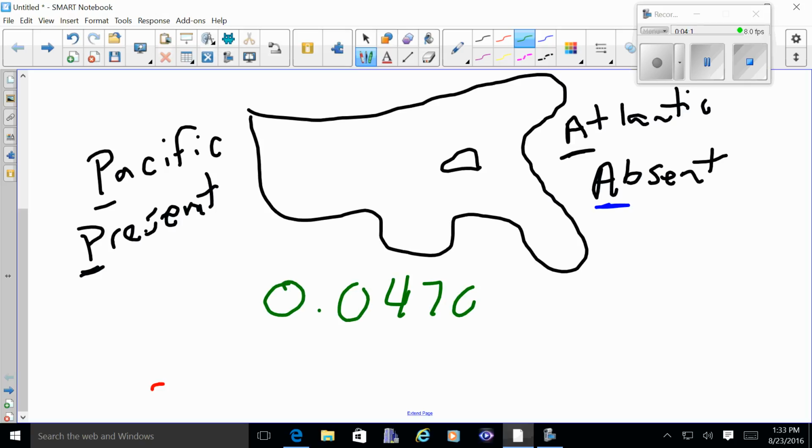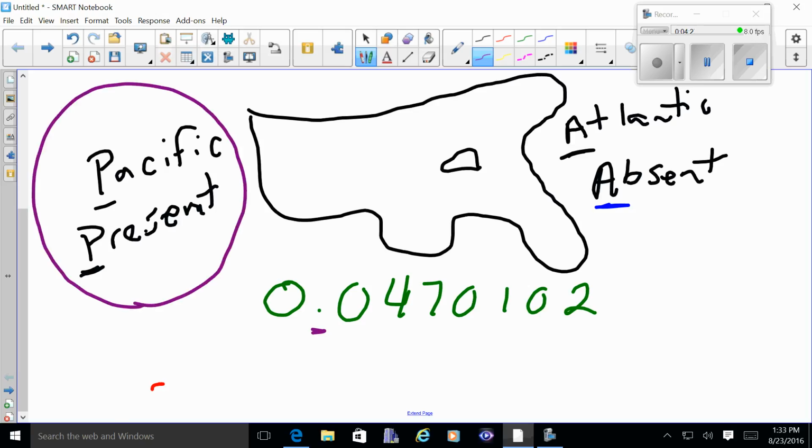All right, if you notice, the decimal is present. Yes, there it is, right there. Now, since it's present, we're going to start counting from the left-hand side because the Pacific Ocean's over here on the left-hand side, and Pacific begins with P, and so does present. So therefore, if you start counting at the first non-zero number from the left-hand side, you're going to count this one. 1, 2, 3, 4, 5, and 6. You have 6 significant figures.